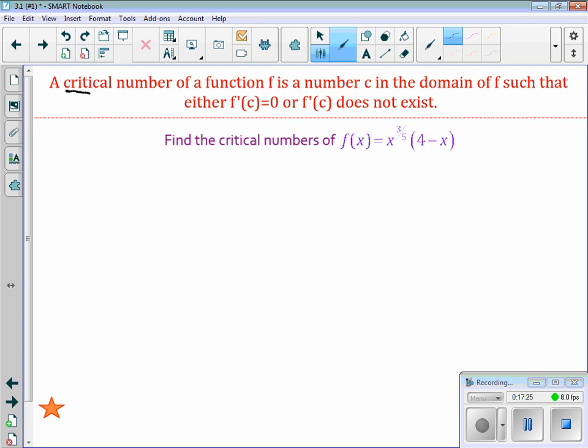Okay. Critical number. Critical number is kind of a big thing in calculus. You'll see that if you take calculus in college for sure. A critical number of a function is a number in the domain where the derivative equals 0 or the derivative does not exist. So whenever it's asking you to find critical numbers, the first thing you want to do is what?